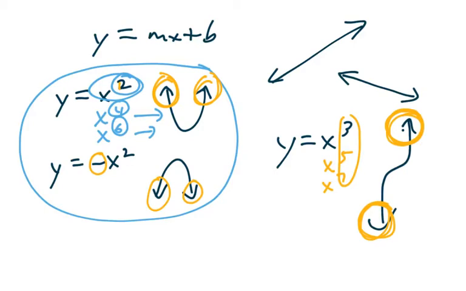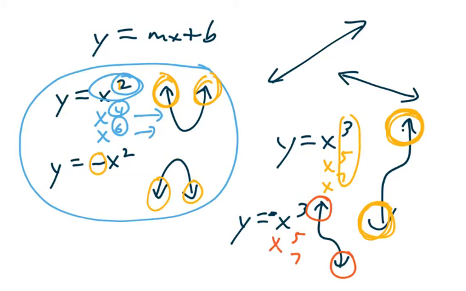The only way to flip that around is if I do y equals x cubed and make it a negative x cubed. That negative flips it the opposite way, where the left side now goes up, whereas the right side goes down. And this translates to any odd powered function like x to the 5th or x to the 7th power.